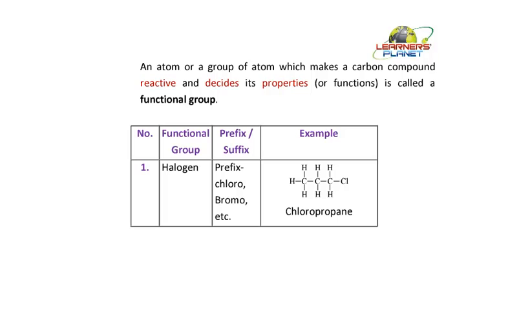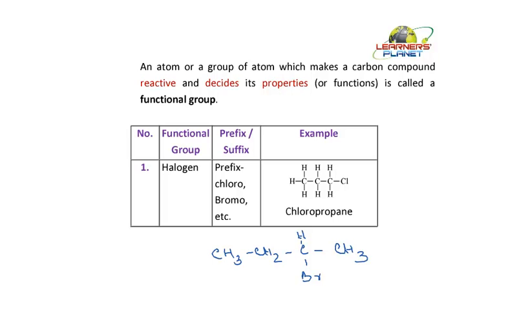Say if I'm taking another example, CH3, CH2, C, Br, CH3. What would be its name? I told you that you have to assign a number to the carbon to which the substituent group is present.